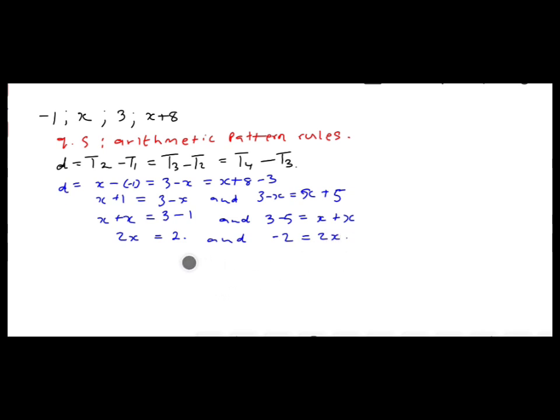Now we see that these two are actually equal. So 2x plus 2x, if I group the like terms, I'll have 2 plus minus 2, which is of course 4x equals 2 minus 2. 4x will be 4, that will be 0. That means x is actually 0.